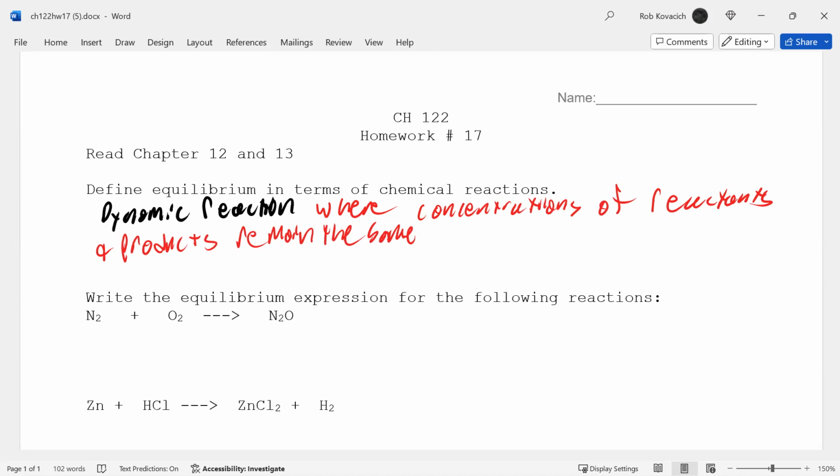It's just that there's also a reverse reaction that's going at the same speed. So reactions going this way, reactions going this way, and you end up with no change.